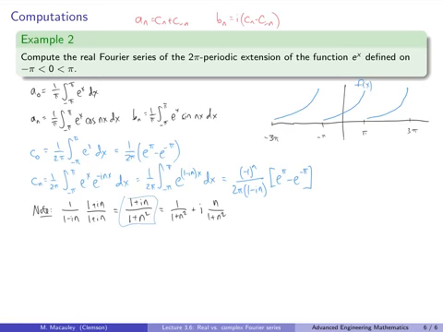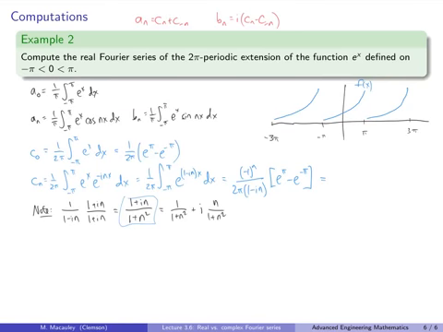What I can do is stick this in here, and I can write this Cn. So instead of dividing by 1 minus in, I can divide by 1 plus n squared and multiply by 1 plus in on the top.